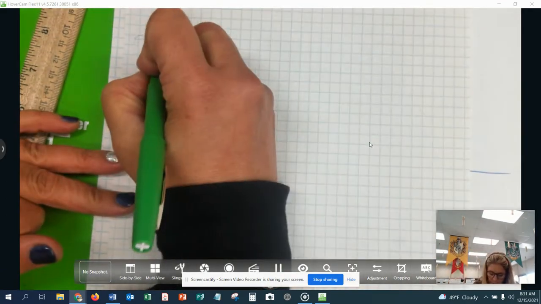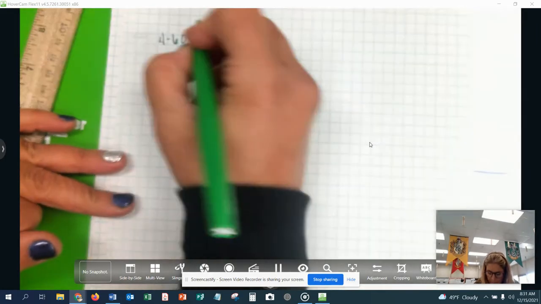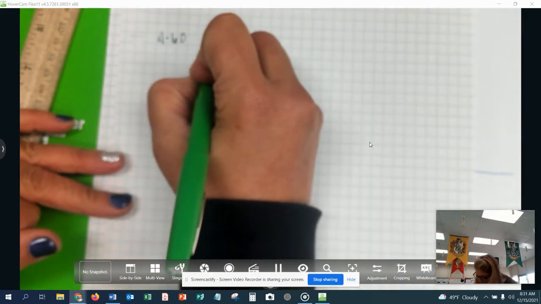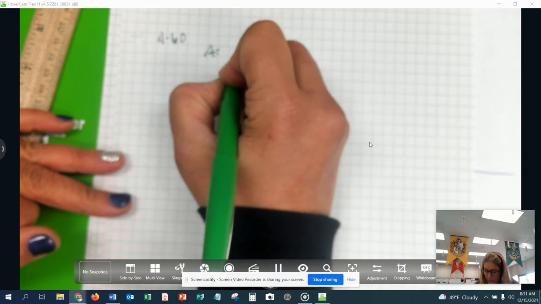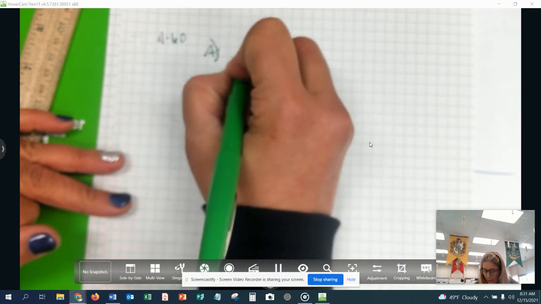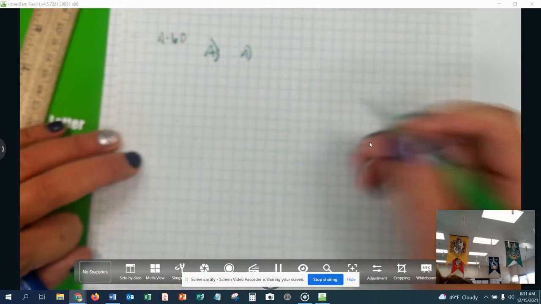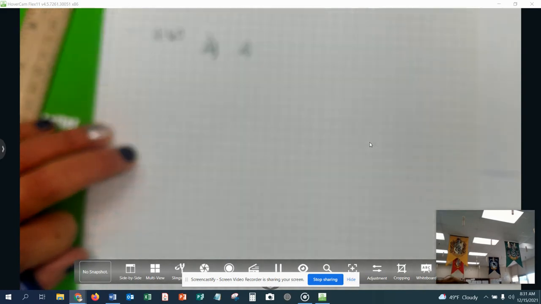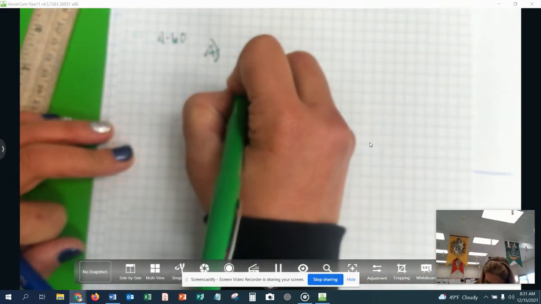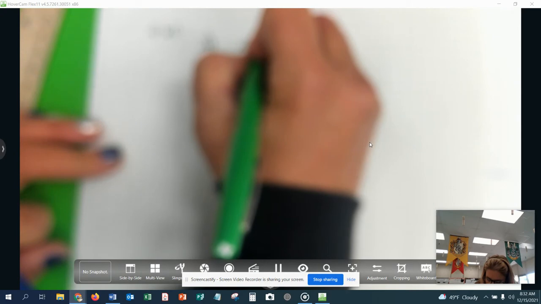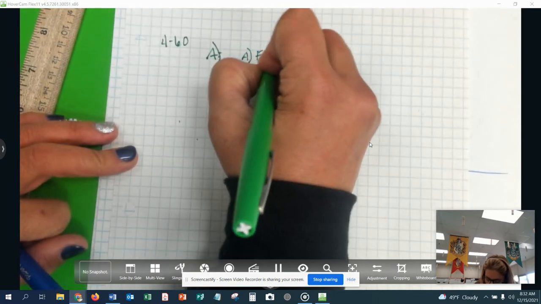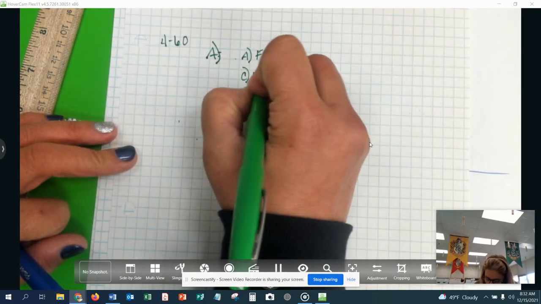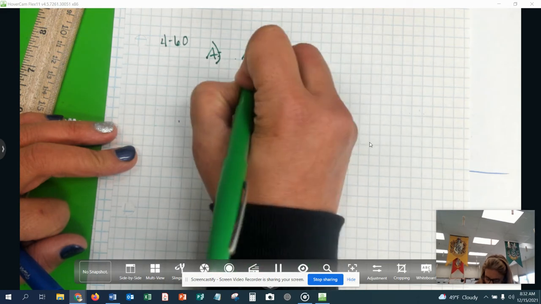So for 4-60, A, you're going to write for A and C have their figure 0 equals 0. Figure 0 equals 0.